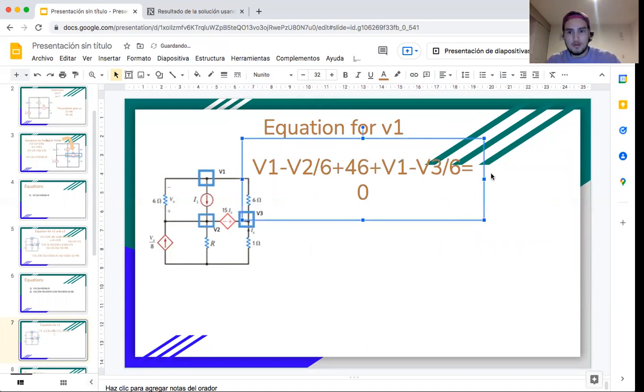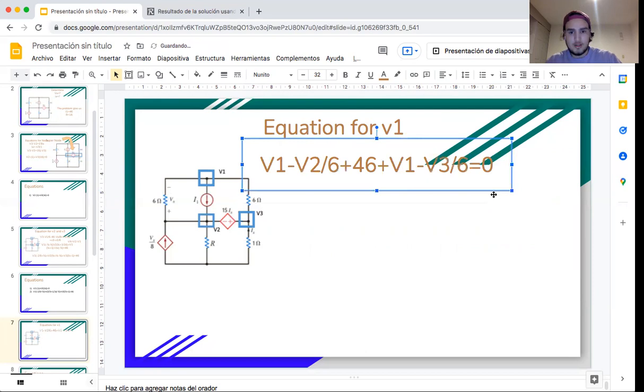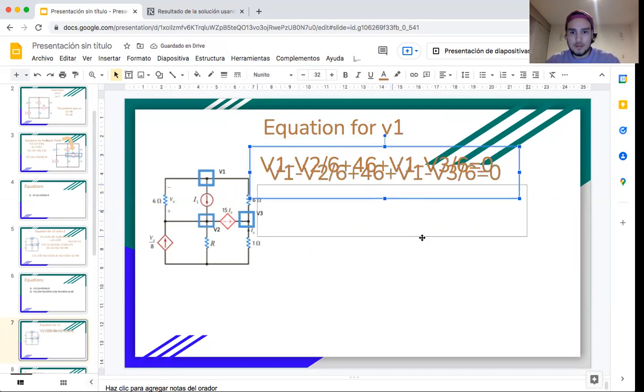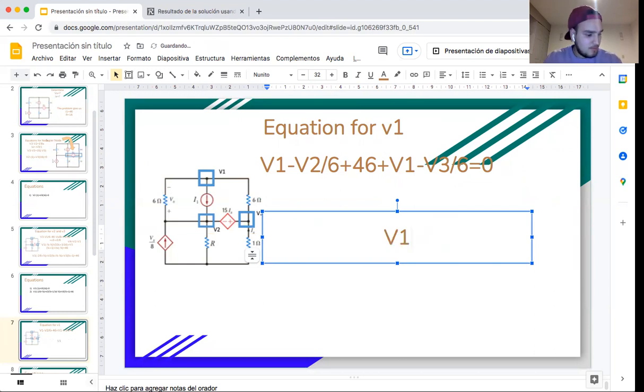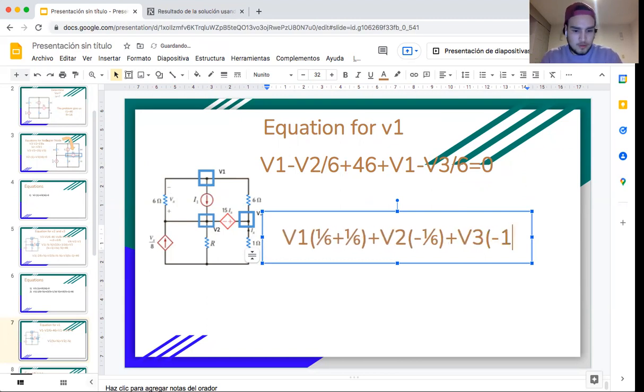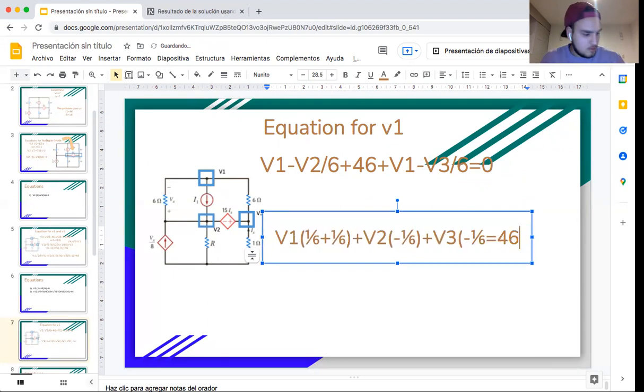So we're going to simplify this equation by having V1 times 1 divided by 6 plus 1 divided by 6, plus V2 times minus 1 divided by 6, plus V3 times minus 1 divided by 6 equals 46.